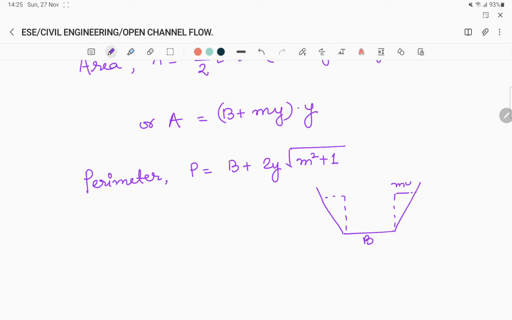Since this is my and this is y, this will be under root of y square plus my whole square, or we can say y under root 1 plus m square. If you take twice of this, it will give you the side slope width. So P is B plus 2 times y under root m square plus 1.